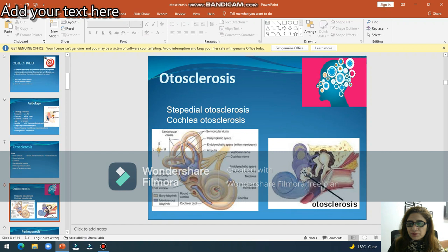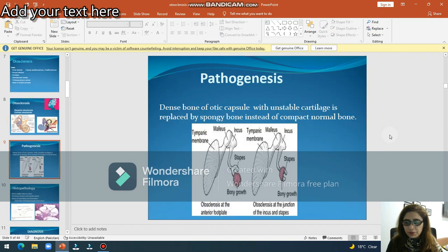Immature bone is vascular, having more blood supply. You can see in this the oval window, then round window, then cochlea and semicircular canals. All this can be involved by the disease, but the main site is the footplate of stapes.